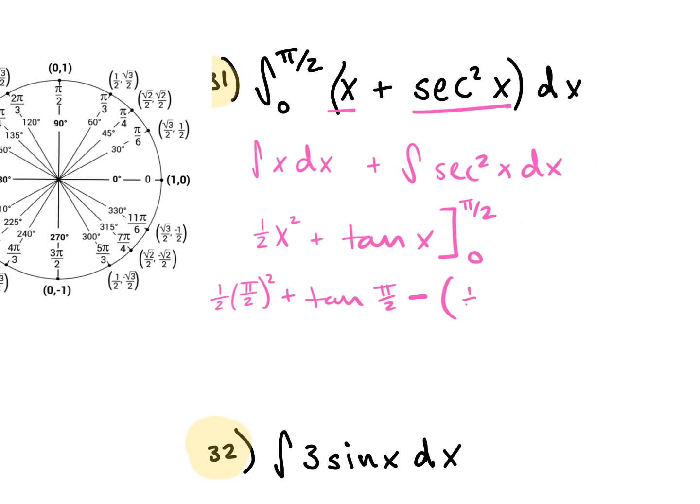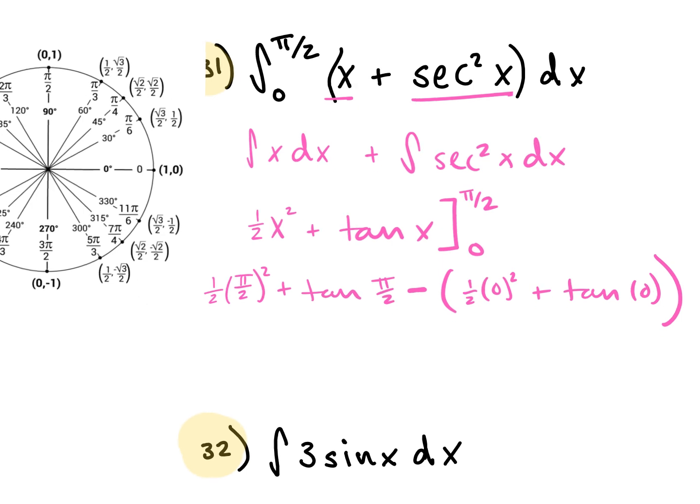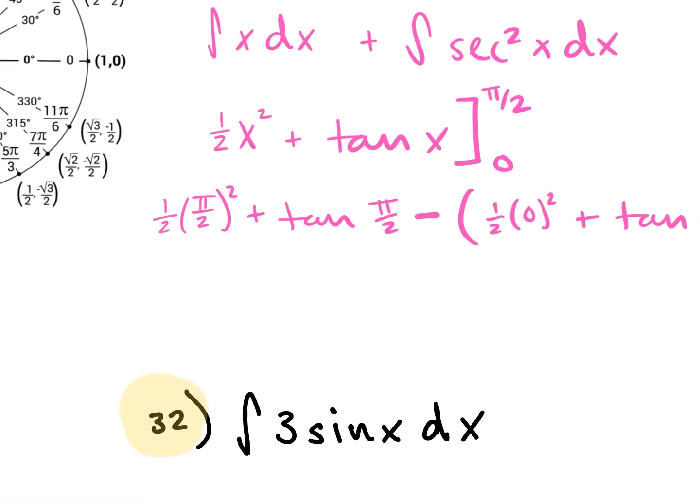So this would be 1/2 times 0 squared plus tangent of 0. Just plug in the top number first and the bottom. So here, pi over 2 squared would be pi squared over 4 times 1/2 would be pi squared over 8.